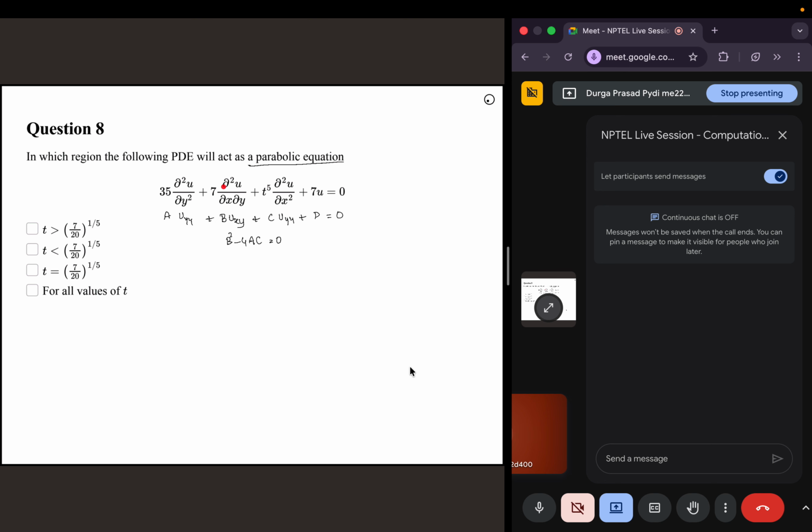We just substitute that here, and from this you can get the value of p. For a parabolic equation it has to be equal to 0, so p will be equal to some value. The only thing is, you need to know that the discriminant equals 0 for a parabolic equation.